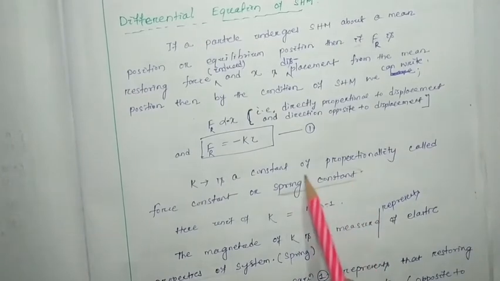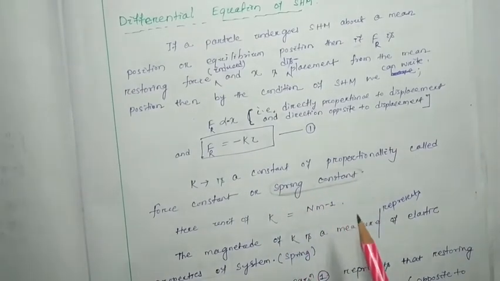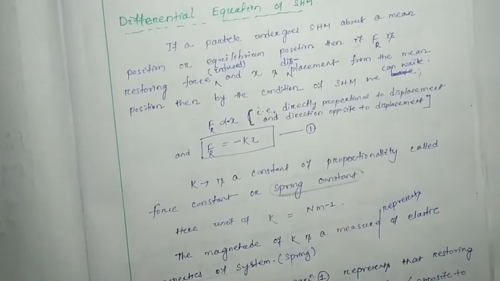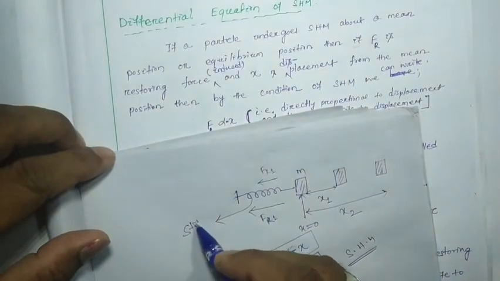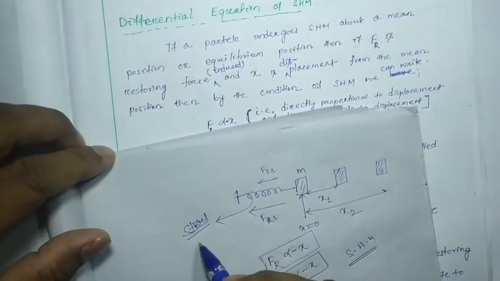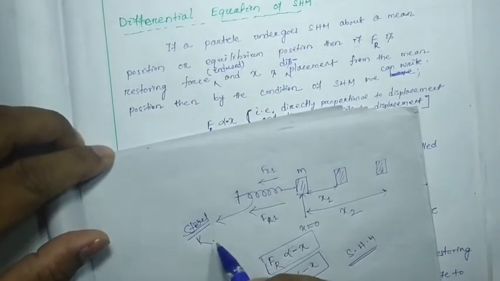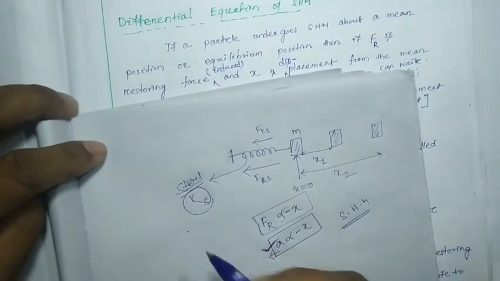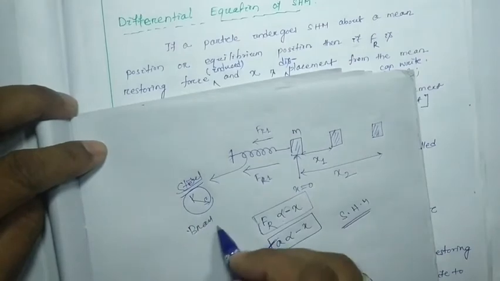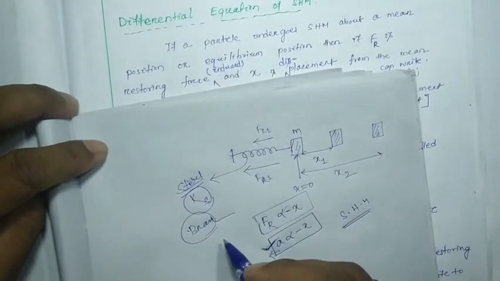This spring constant varies from one material to another. Suppose we consider a spring made of steel; what will be the spring constant? For brass it will be different.